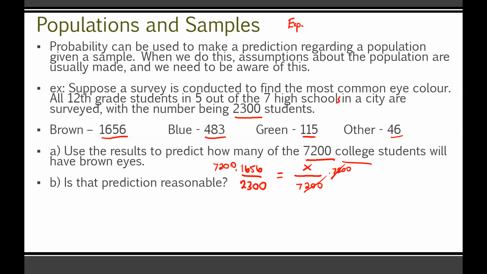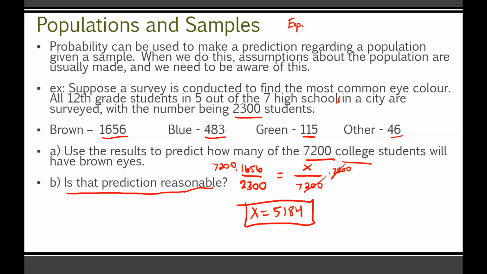So let me bust out my calculator here. 7,200 times 1,656 divided by 2,300. This gives me, well, actually quite a nice number. x equals 5,184. I say that's a nice number because there's no decimal there or anything. That is how many college students in this city likely have brown eyes. So is this prediction reasonable?